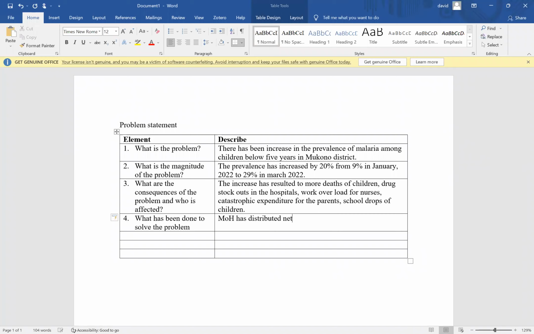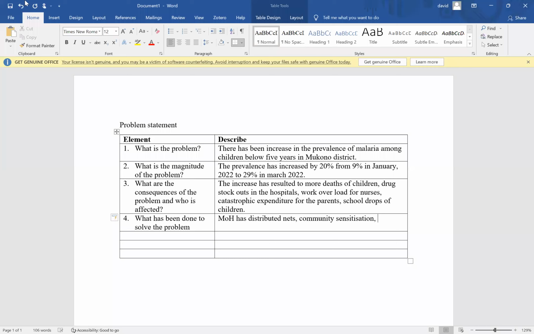Maybe community sensitization. What other things?